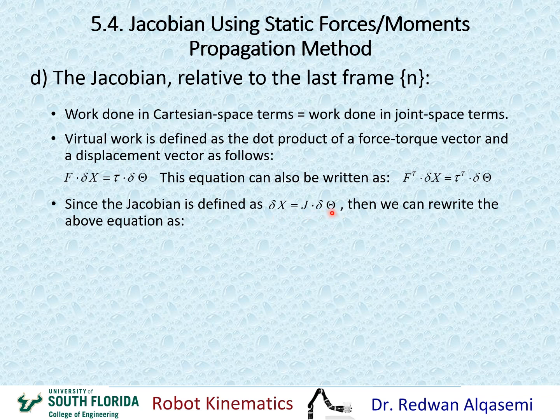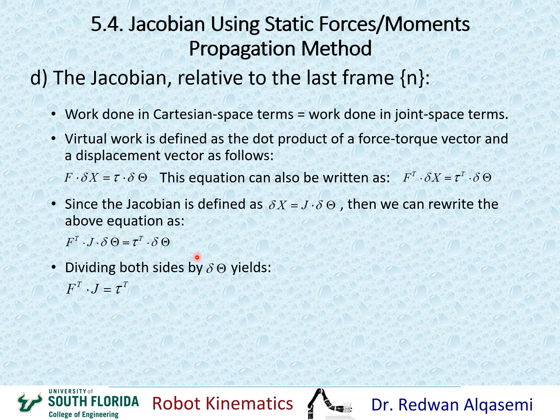Okay, so now if we take delta x and replace it by what's equivalent to delta x, which is J times delta theta, we get to this equation here, F transpose, and here instead of delta x we have J delta theta equals tau transpose times delta theta.